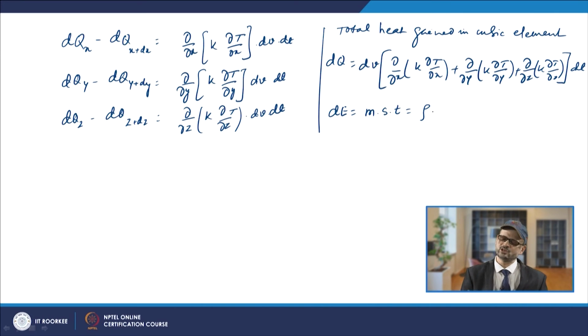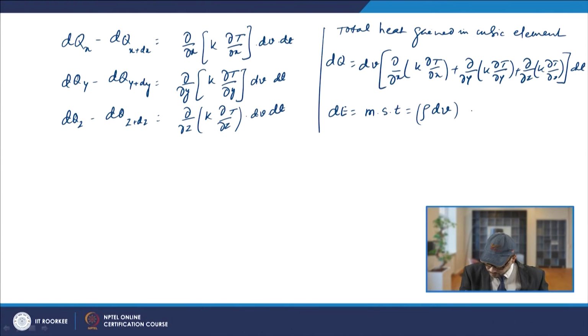Density is rho and volume is dV, the volume of that element. Then you have specific heat and the temperature difference, that is dT by dt. So that way you will have this expression, and basically both can be equated.